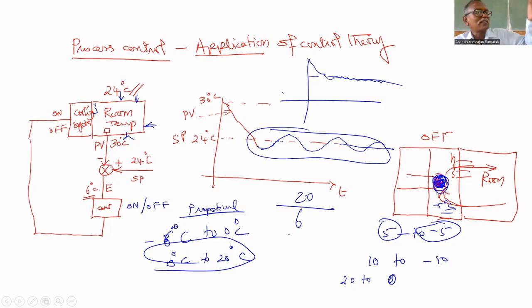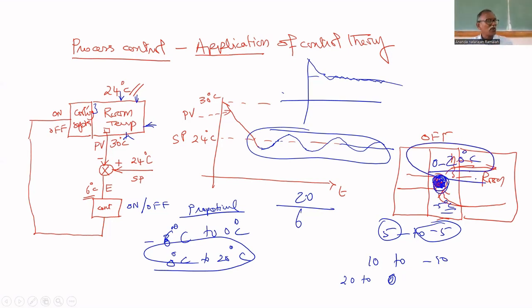If 6 degrees, its temperature will be 0, because 6 multiplied by 3.66 equals 20. It is varying proportionally. The cooling element temperature is varying from 0 to 20 degrees centigrade. That is called proportional control.